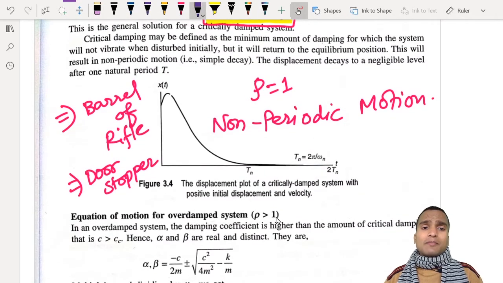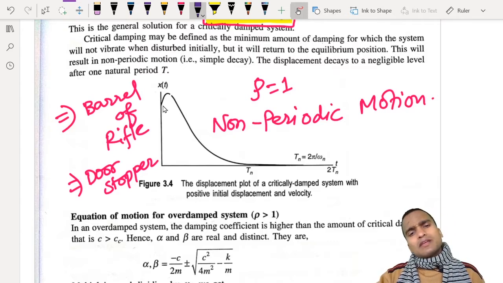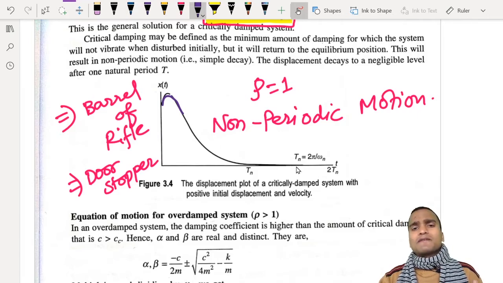So critical damping may be defined as the minimum amount of damping in which the system will not oscillate at all. Okay, even if we disturb it initially, it will simply come back to its original position or the equilibrium position after one natural time period. Okay, so this is a non-periodic motion. Okay, you can see from the graph also.